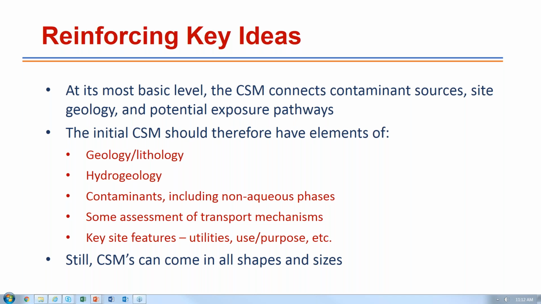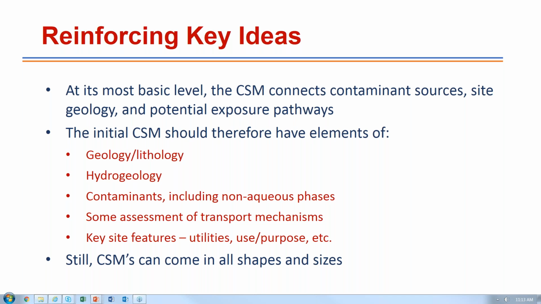All right, thanks, Jennifer. So I'm going to reiterate a few of the points that Michael made in the first part of this session. At its most basic level, the conceptual site model, the CSM, tries to connect the contaminant sources, and integrates the geology at the site as well as exposure pathways. Because of that, the initial conceptual site model should have elements of geology and lithology, hydrogeology, everything that you know about the contaminants, including the presence and distribution of non-aqueous phases.